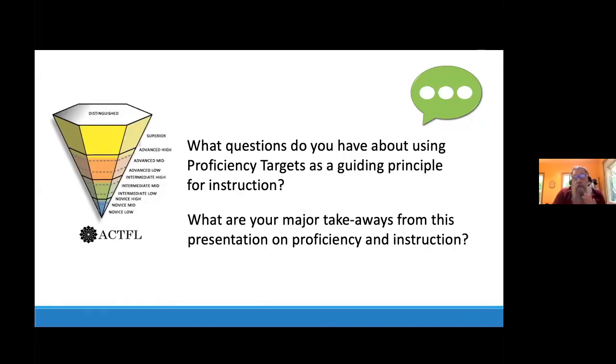We explain where the national standards and the state standards interface and where they differ. We're creating a crosswalk right now that will show that, but it's not done yet. So they are different from the World Readiness Standards, but the actual proficiency guidelines in their entirety are used in terms of benchmarking our checkpoint proficiency targets. I hope that clears things up.